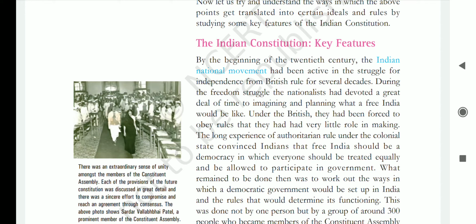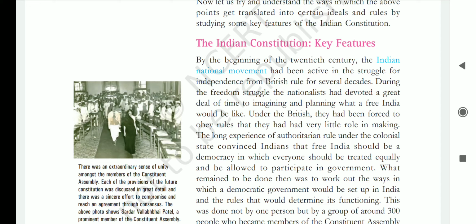The long experience of authoritarian rule under the colonial state convinced Indians that free India should be a democracy in which everyone should be treated equally and be allowed to participate in government. If India got freedom, what kind of government would it have? India should have a democratic government. India should have its own government, and there would be no dictatorship.